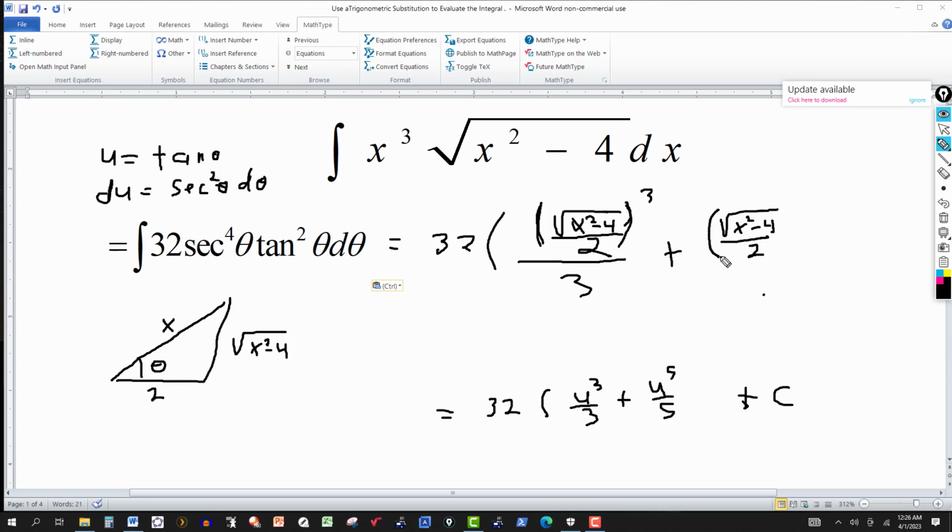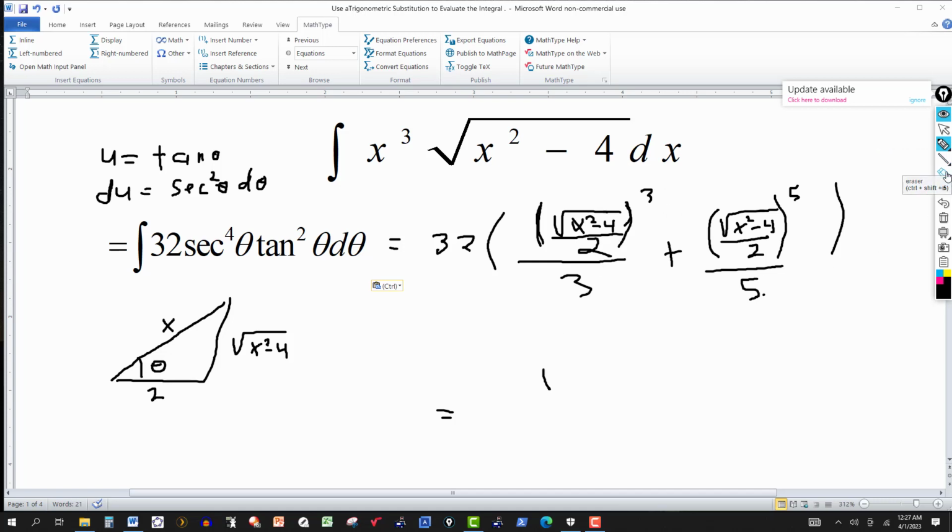This is going to be to the fifth power over 5. So let's continue from here then. So we got here, I'm going to multiply through by the 32 here. So again, this is going to be, can I cube this? Let me do it this way. Let me write it this way.